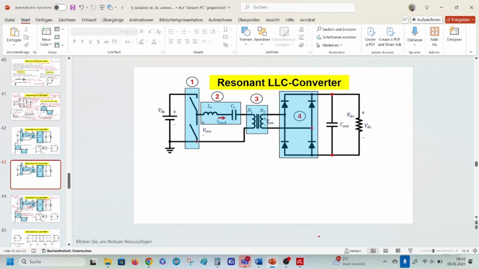Let's say high side switch, low side switch.